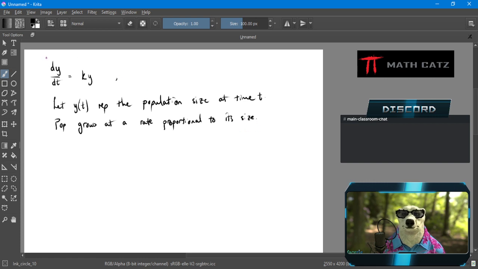And I get this differential equation. That is a mathematical translation of this second sentence.